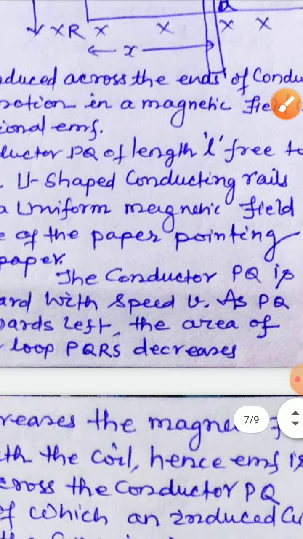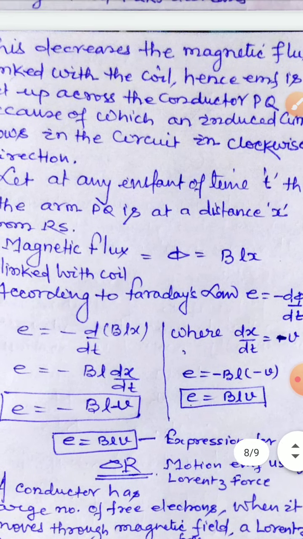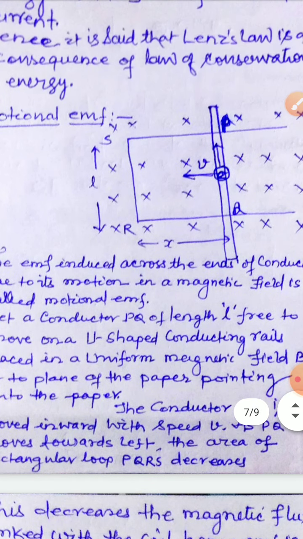Now, what will be the expression of motional EMF? For that, let at any instant the arm PQ be at a distance x from the arm RS. Now it is moving towards RS with the velocity V.